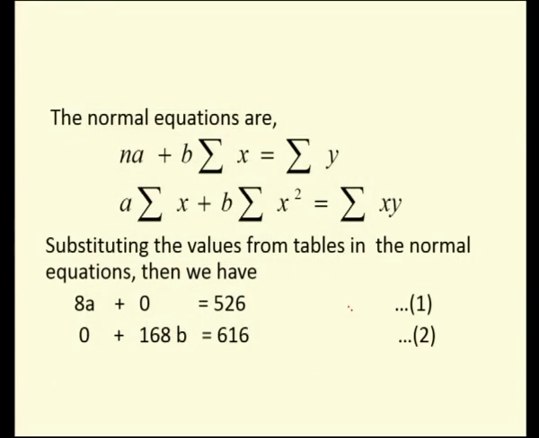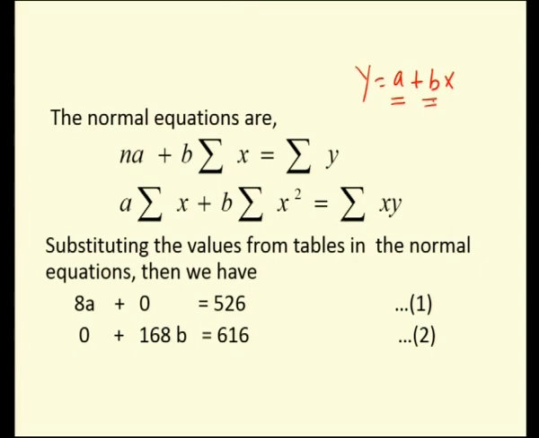Now, to estimate the parameters, the objective of the method of least squares is to obtain the parameters. Here we have taken an equation of the form y is equal to a plus bx. Hence, your problem lies in finding the values of a and b.